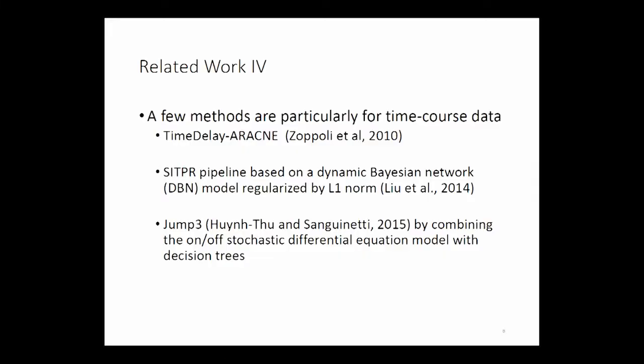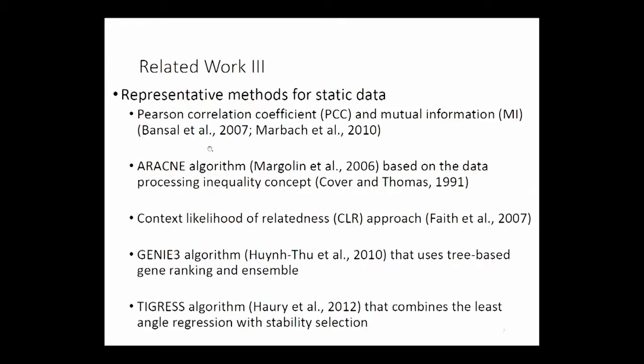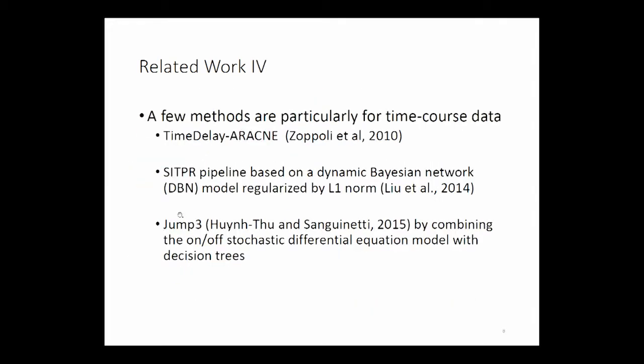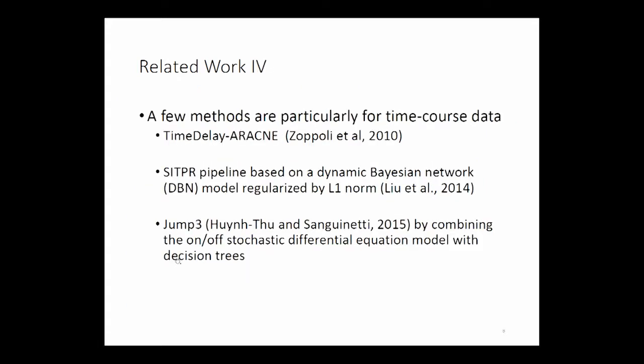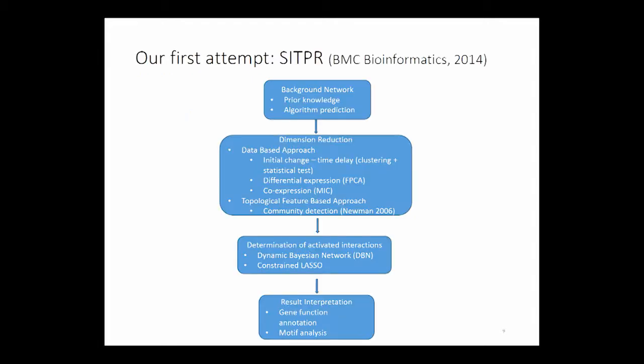A few methods are particularly for time course data. The first one I listed here is an extension of the ARACNE method, and JUMP3 is an extension of the Genie3 algorithm. And the CTPR is from my group. We started to work on this problem back 3 years ago, and at that moment, we started to solve this curse of dimensionality problem.